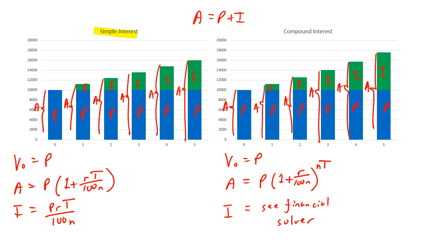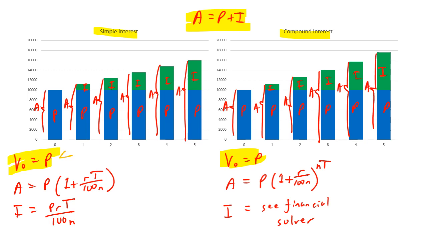Okay, for both simple interest and compound interest, it is true that the amount you owe is the principal plus the interest. The difference is with simple interest, you're calculating the interest just off the principal, but with compound interest, you're calculating the interest off the amount, which is the principal plus the interest, so you're getting interest on interest. So for both of them, V naught equals P for the principal. So let's just label things.